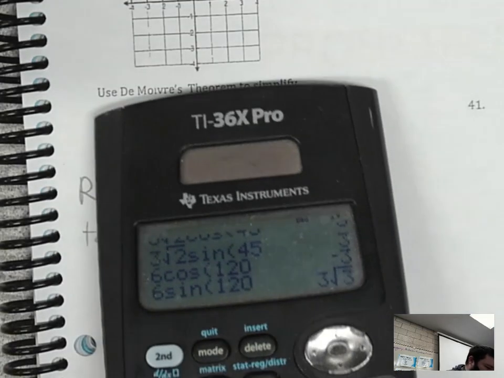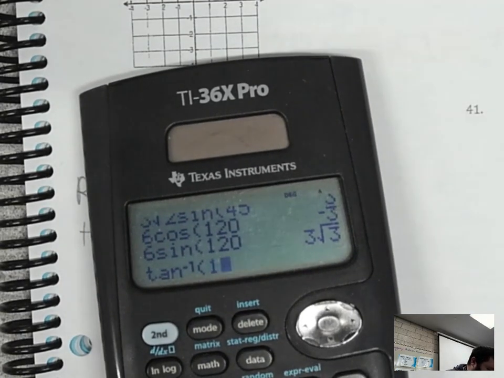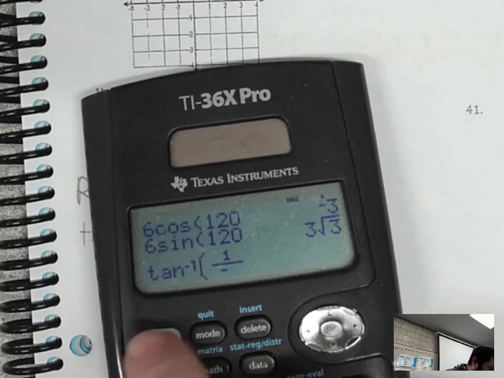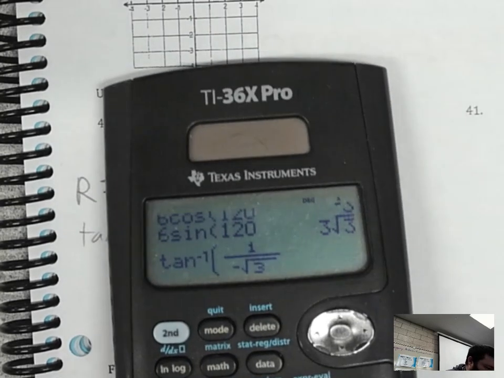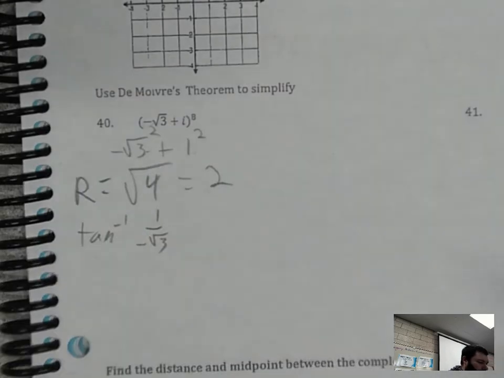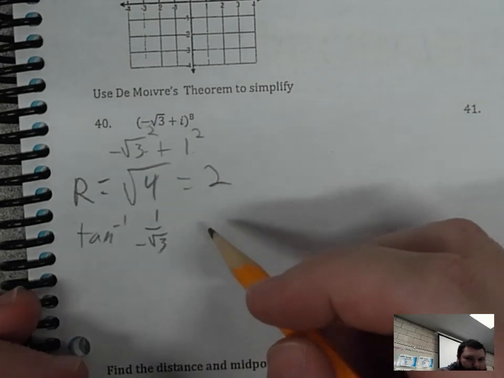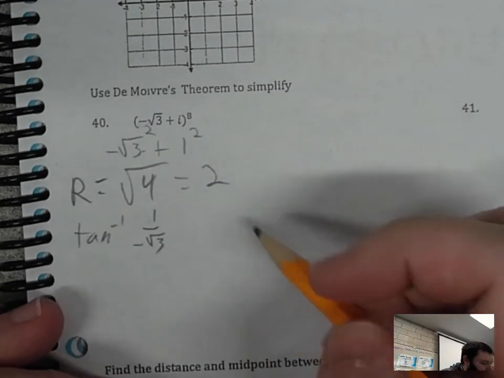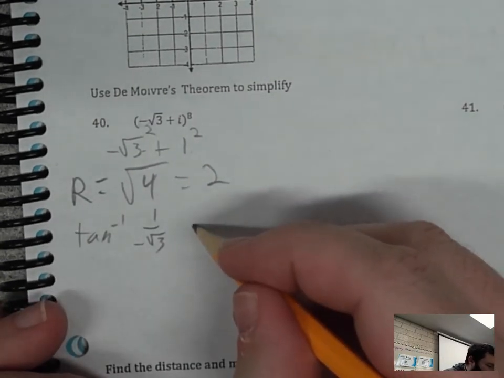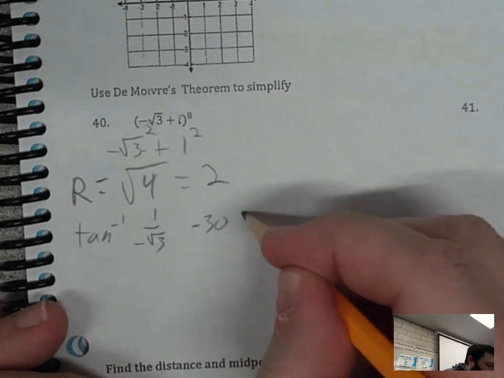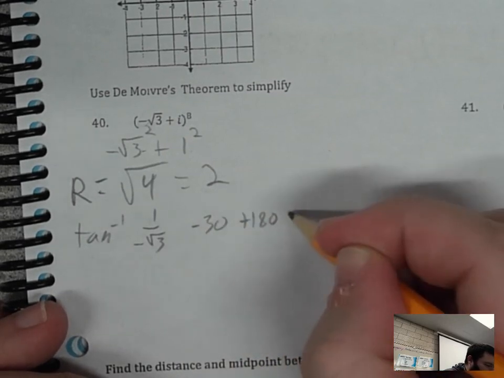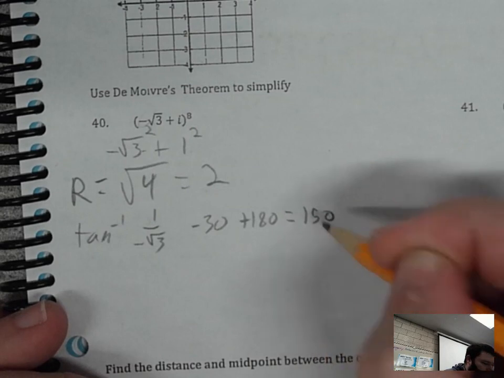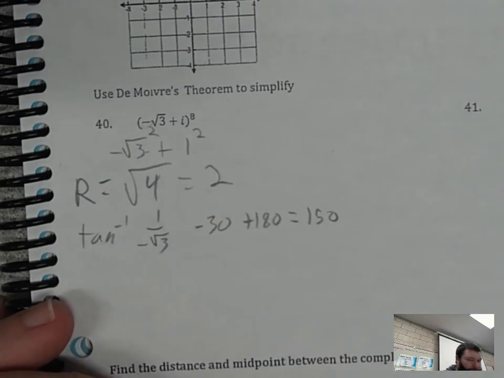So in my calculator, inverse of tangent, 1 over the negative square root of 3, gives me negative 30. Now, again, quadrant 2, it gives me a negative, but I have to add 180 to it, right? So negative 30 plus 180 is going to be 150 for my theta.